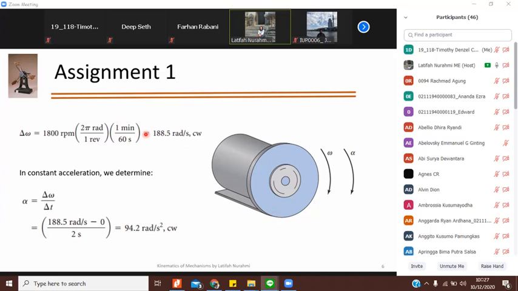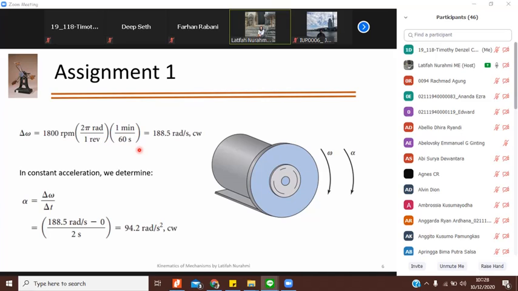So RPM is revolution per minute, revolutions, not rotations. One revolution is 2 pi, you know it, because it is one circle. So you need to find it in radians.